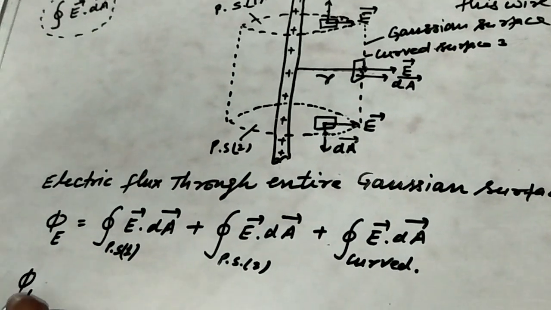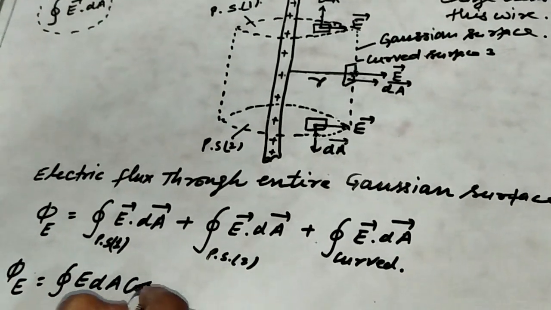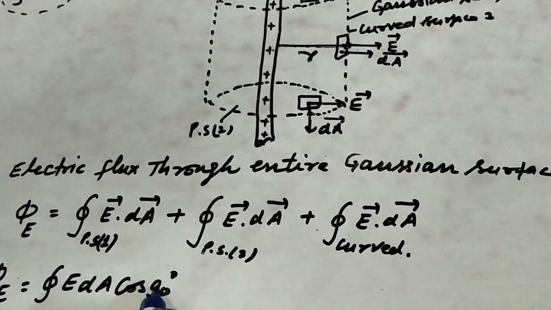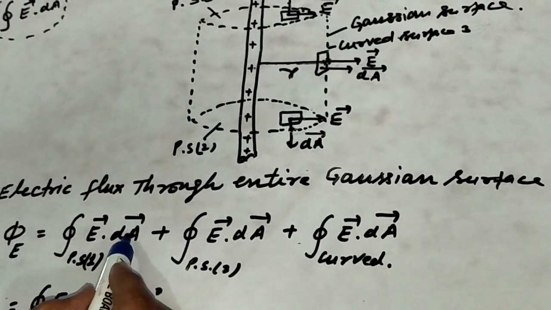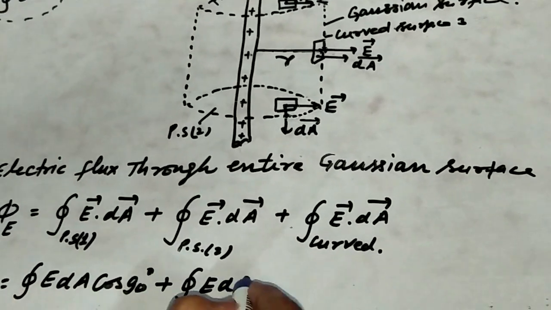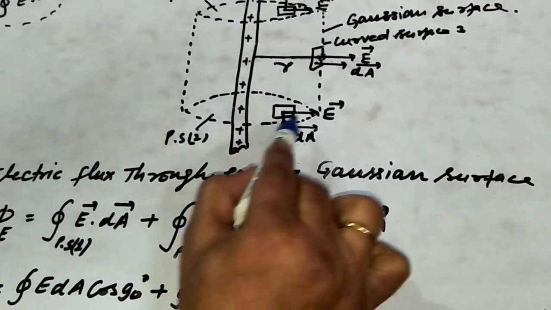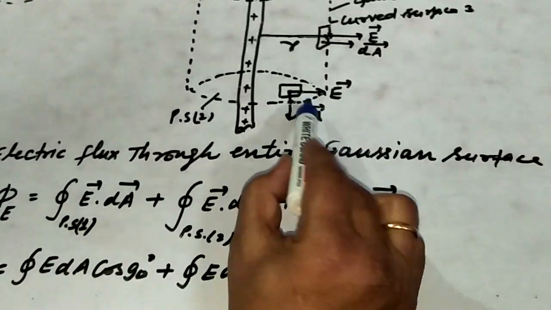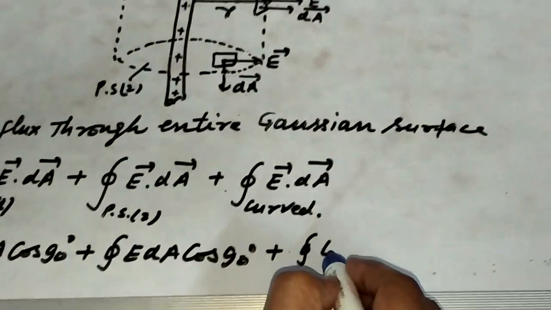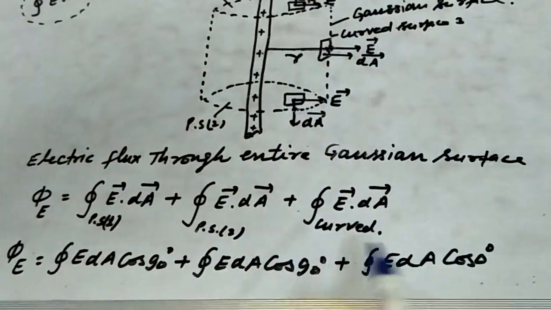So here phi E is equal to E dA cos 90, since vector E dot vector dA is E dA cos theta, where theta is the angle between the electric field and the area vector dA, plus similarly E dA cos 90 for plane surface 2, because the angle between vector E and vector dA is 90 degrees. Plus for the curved surface it becomes E dA cos 0 degrees, because vector E and vector dA are both parallel.